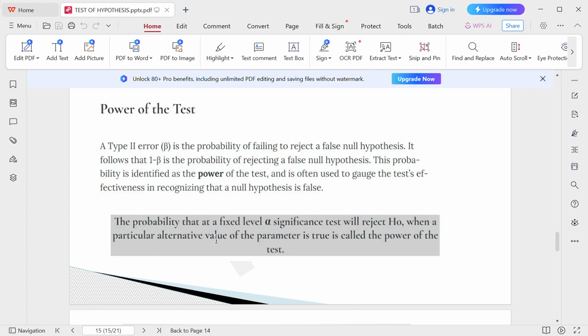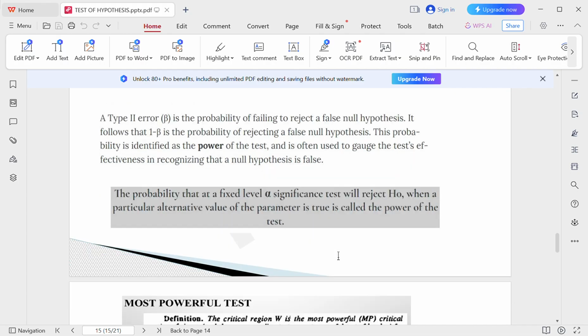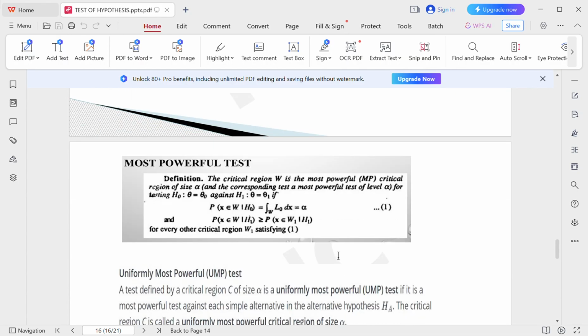The probability that a fixed level alpha significance test will reject H0 when a particular alternative value of the parameter is true is called the power of the test. So, the formula for power of the test is 1 minus beta.